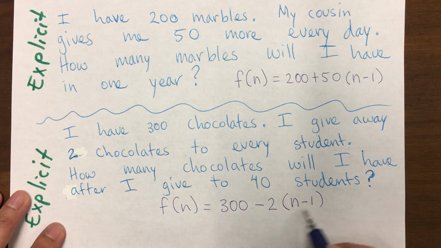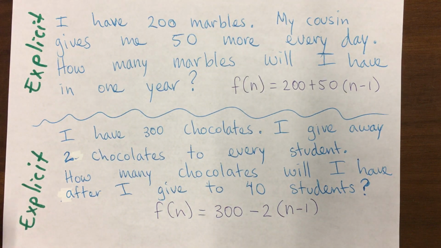And this actually, the input represents the number of students that are getting the chocolates. Okay, so I hope this gives you ideas of what to write for your scenarios, and so that you can decide also which formula will be better off to find out. Okay, so have fun.